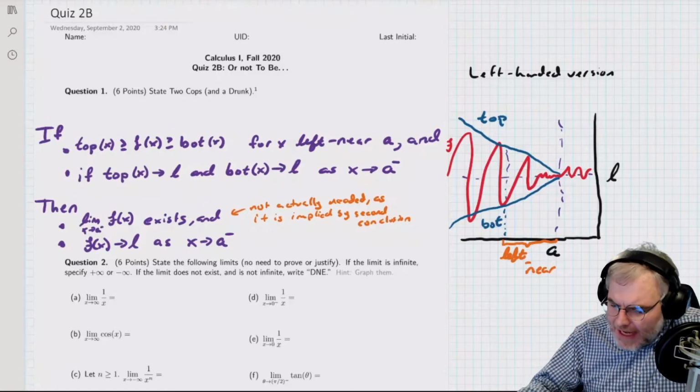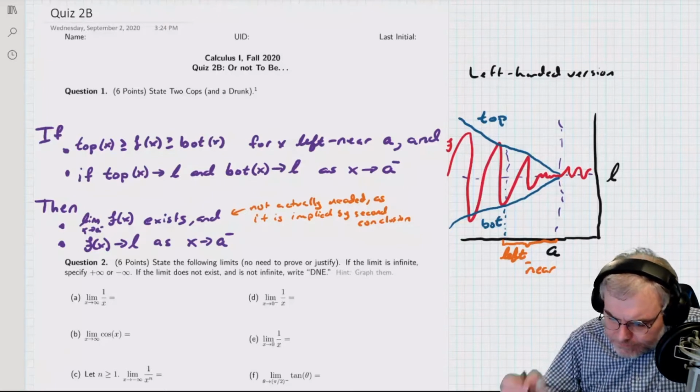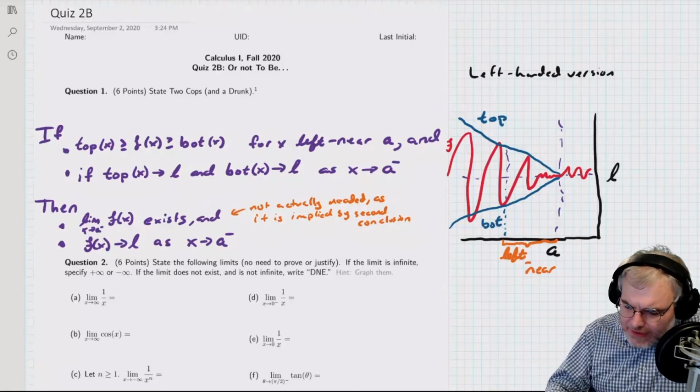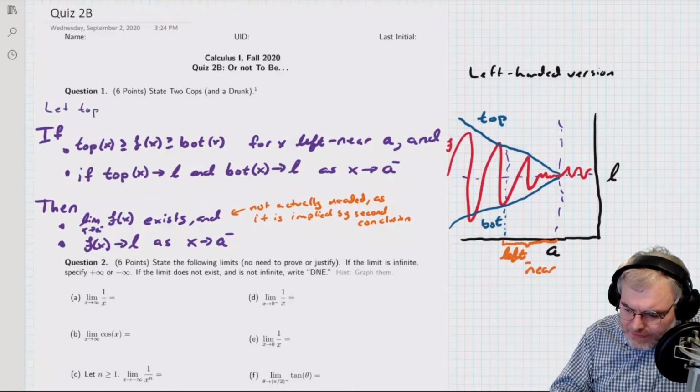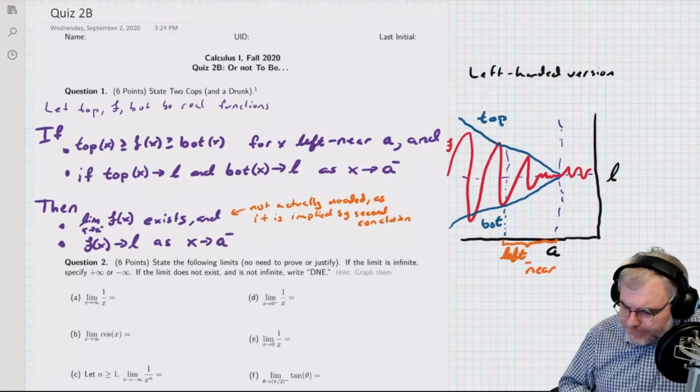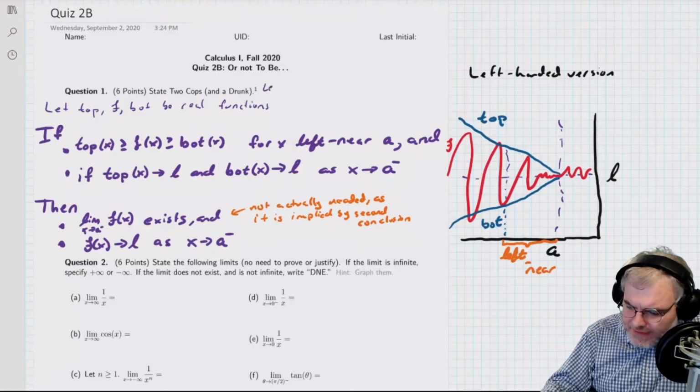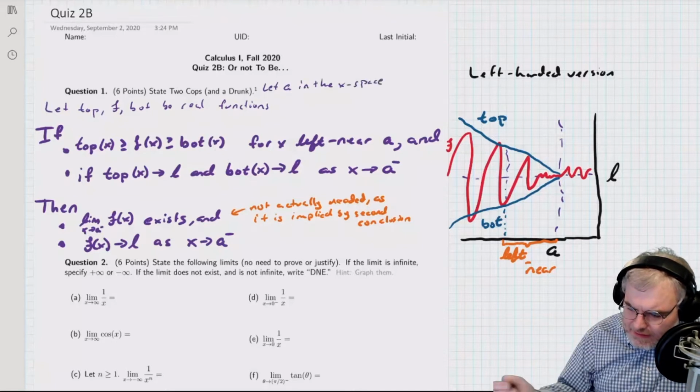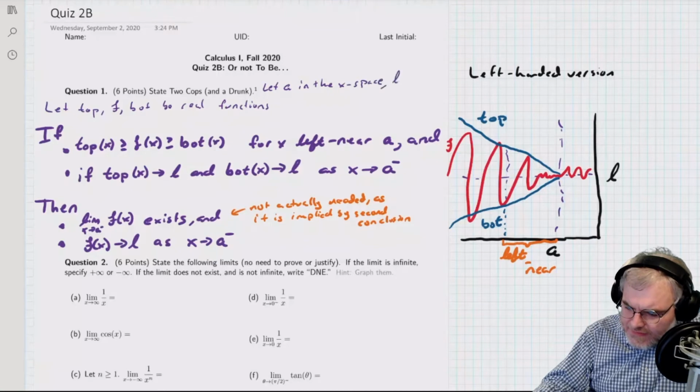Then I'll come back and add a little preamble. Let top, f, bot be real functions. Let a be in the x space, L in the y space.